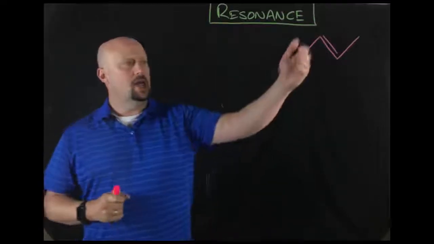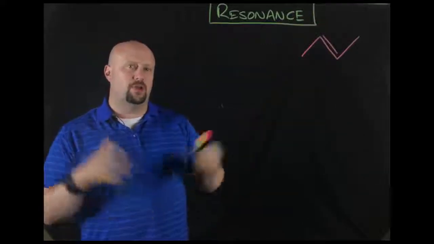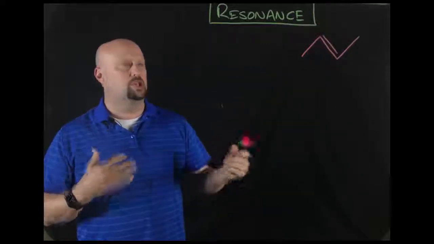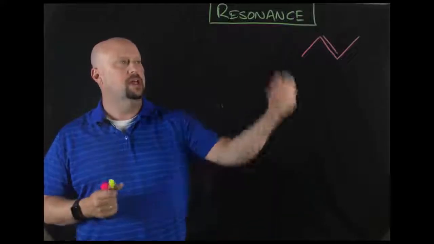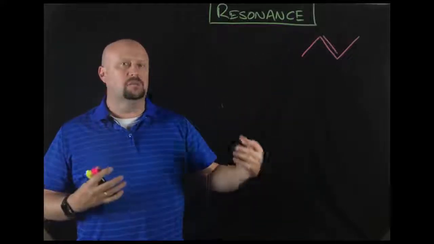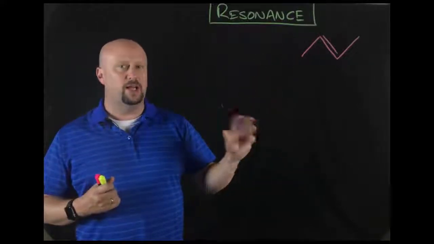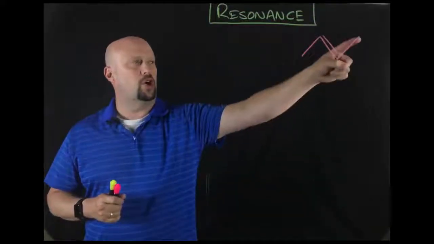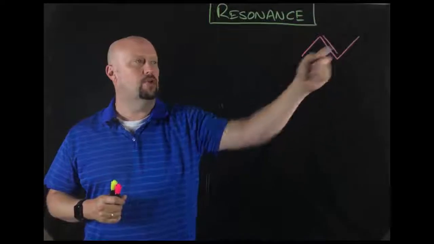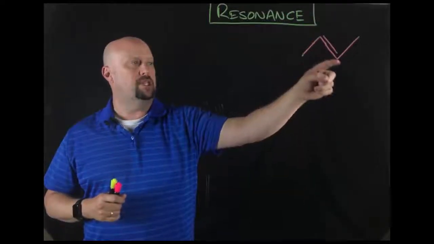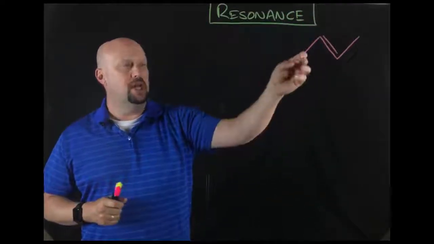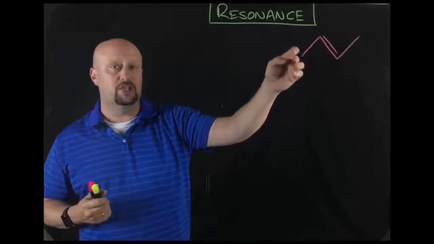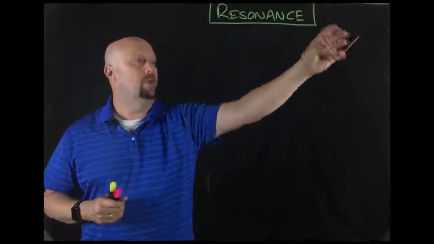So line structures, remember, are our shorthand way to draw what the structure of the molecule is. And a lot of times the line structure is a perfectly valid representation of what is actually going on. So we've got a 4-carbon structure here, 1, 2, 3, 4. We've got a double bond between the second and third carbon. We could then also go back in and fill in our hydrogens, and we would know where each of those were.